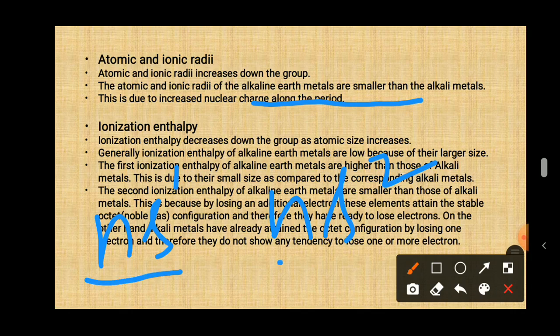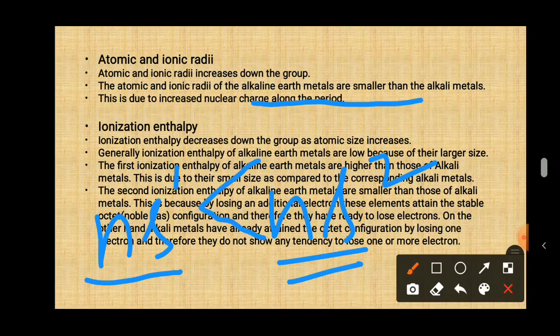Since it is completely filled, it is not so easy to remove 1 electron from the s orbital. Based on that, the first ionization enthalpy, the removal of the first outermost electron, of alkaline earth metals is higher than that of the alkali metals.